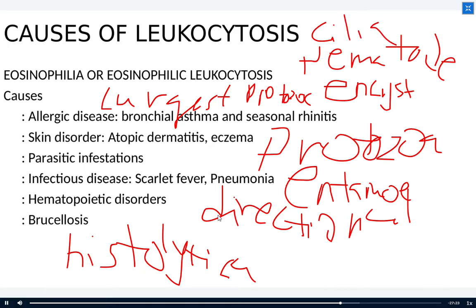The largest protozoa that can also be found in pigs that has a lot of cilia. Pag nakita mo to sa microscope, mabilis to. Alright, it's your Balantidium coli.